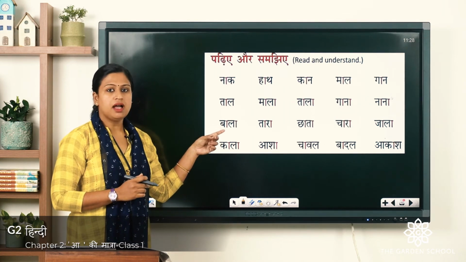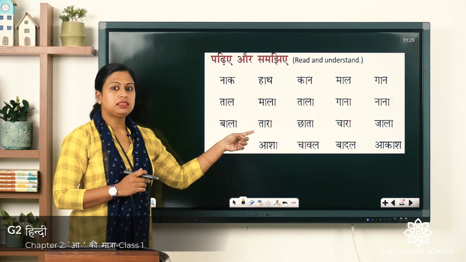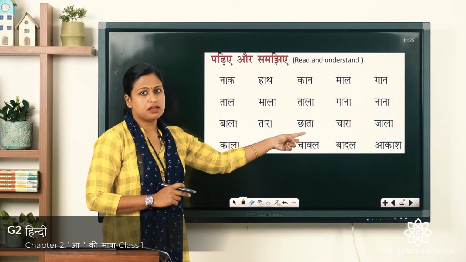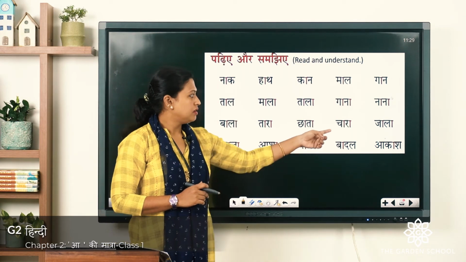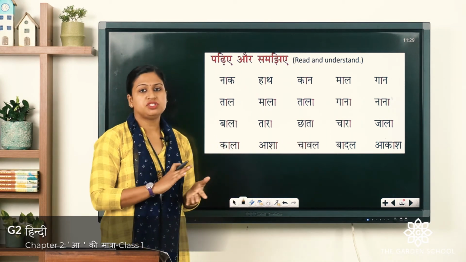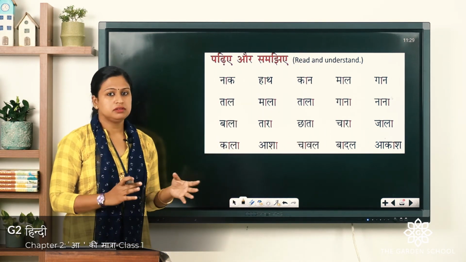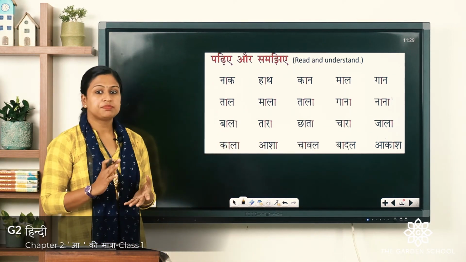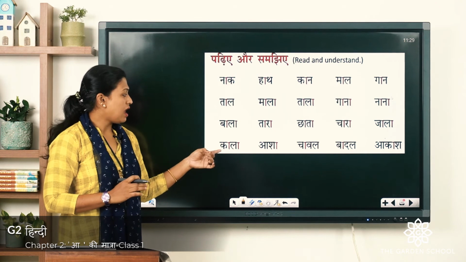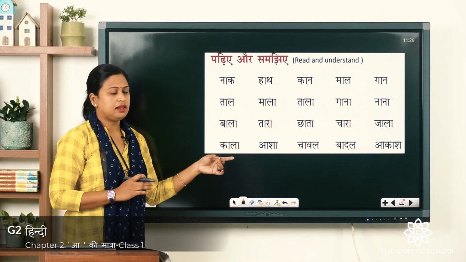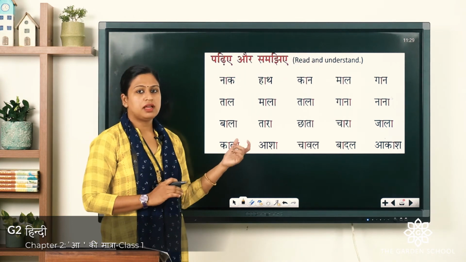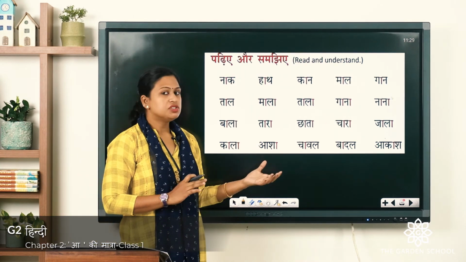Baalaa, young girl. Taaraa, star. Chhaataa, umbrella. Chaaraa, fodder. Jaalaa, spider web. Kaalaa, black color. Aashaa, that means hope.